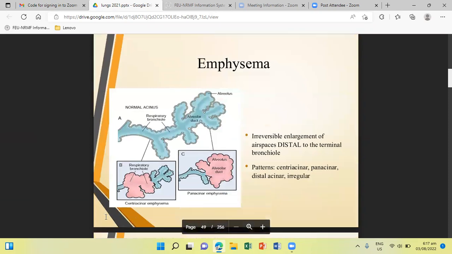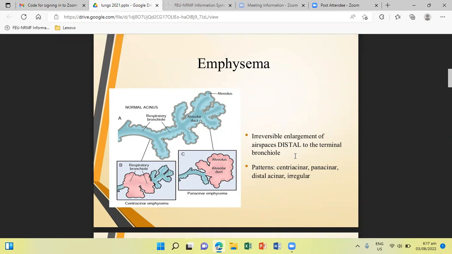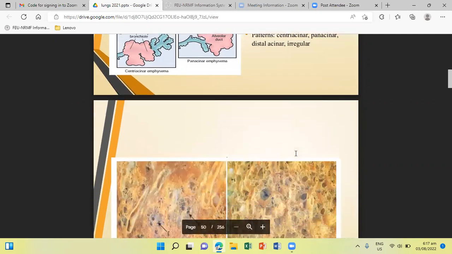So, this is an illustration again of emphysema. Do not forget that E should remind you of enlargement of air spaces distal to the terminal bronchiole. And I have already enumerated the four major types: centriacinar, panacinar, distal acinar, and irregular.